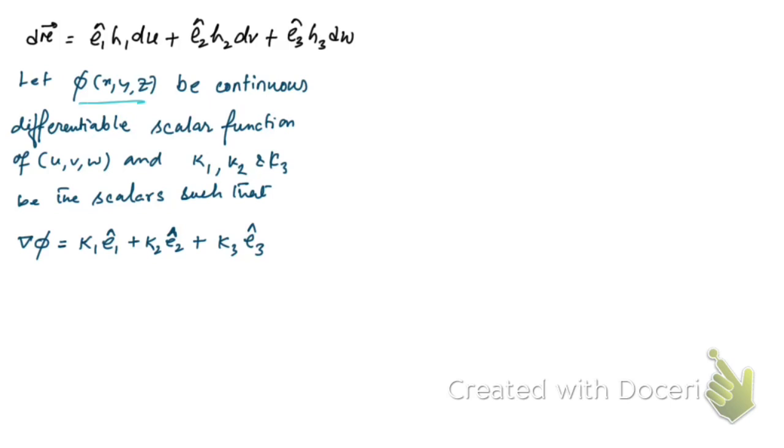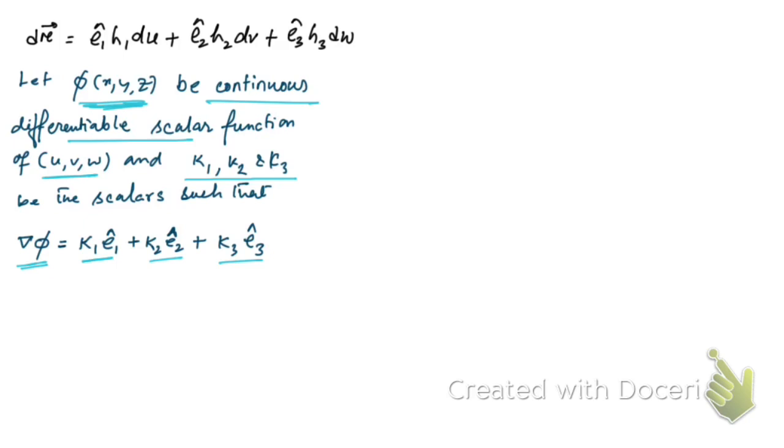We have taken this phi, which is also a function of these curvilinear coordinates u, v, w, and continuous and differentiable. This is a scalar function, and here we have considered k1, k2 and k3 are the scalars, such that we can express grad phi is equal to k1 e1 cap, k2 e2 cap, and k3 e3 cap.